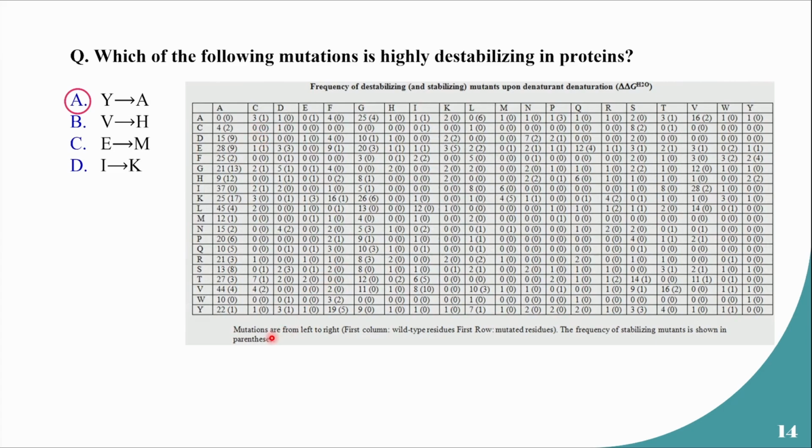What the values in the box basically indicate is how many data points you have for these sort of mutations, and among them, how many stabilizing mutations were observed. The observed stabilizing mutations are indicated in parentheses.